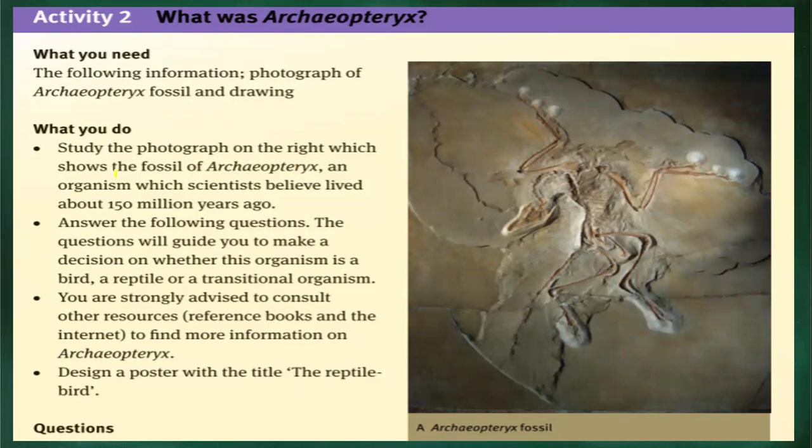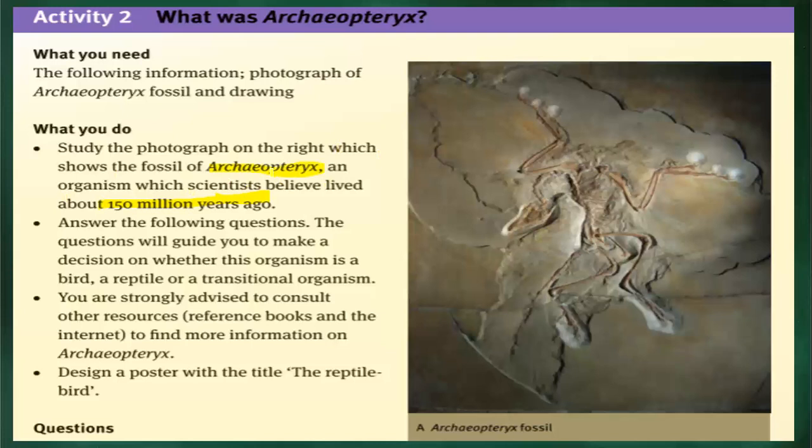What you need to do is study the photograph on the right, which shows the fossil of Archaeopteryx, an organism which scientists believe lived about 150 million years ago. Then you answer the following questions.